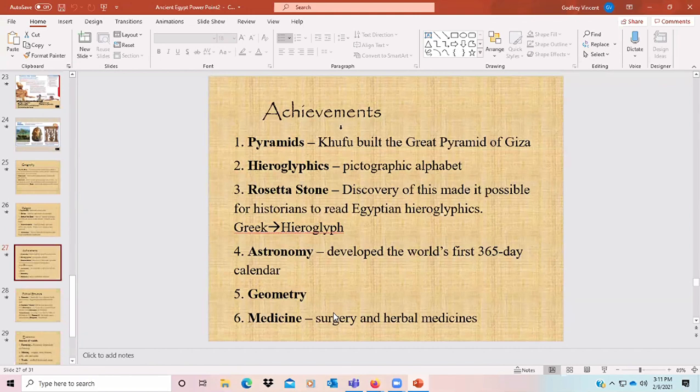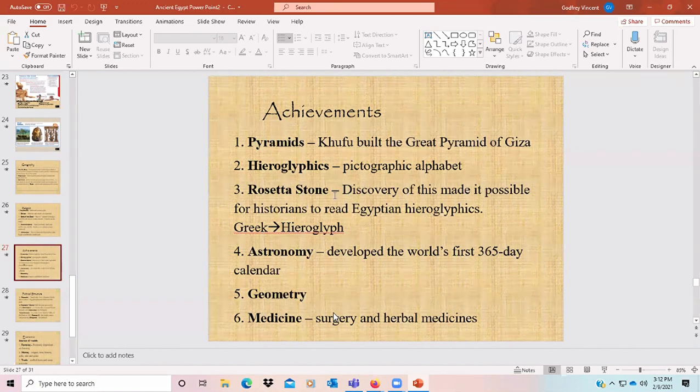What were some of the achievements? Ancient Egyptians built pyramids, and one of them is the pyramid of Giza. They developed hieroglyphics. And when Napoleon Bonaparte, who tried to conquer the world, went down into Egypt, one of his soldiers found the Rosetta Stone.